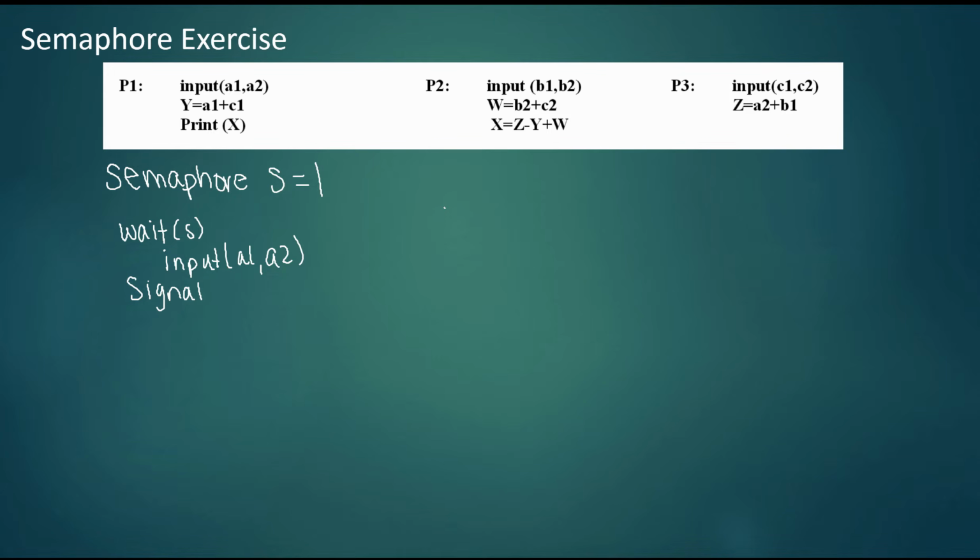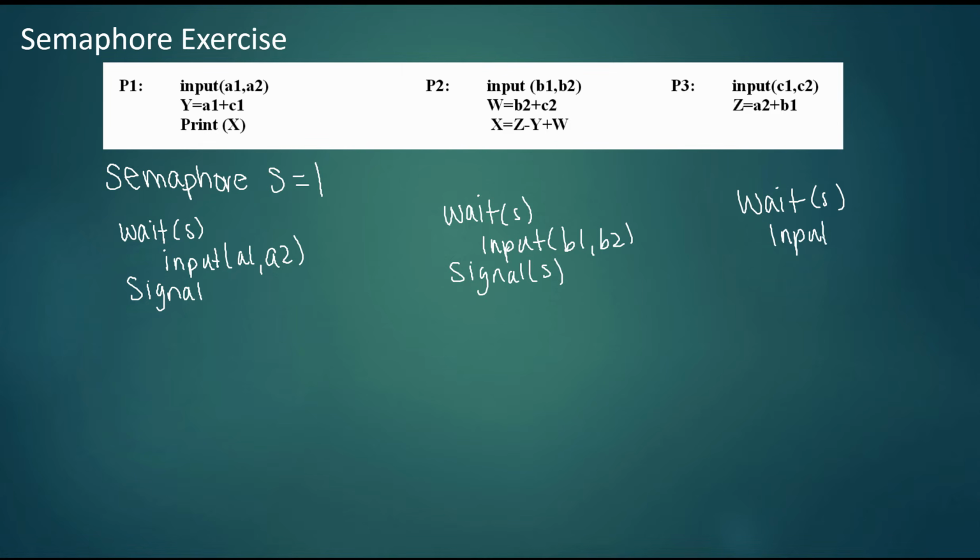For P2, we would have a wait on S, and then an input of B1 and B2, and then a signal. And for P3, we'd have a wait on S, and then input C1 and C2, and a signal. Okay, these waits and signals are only for accessing the input device.